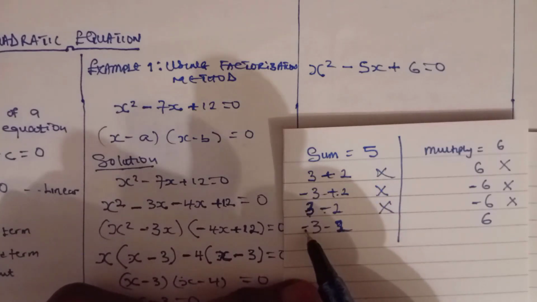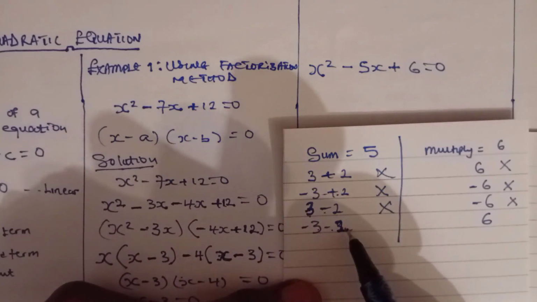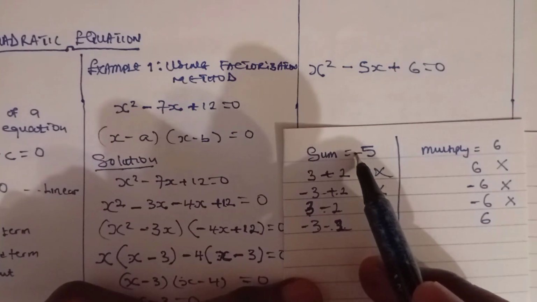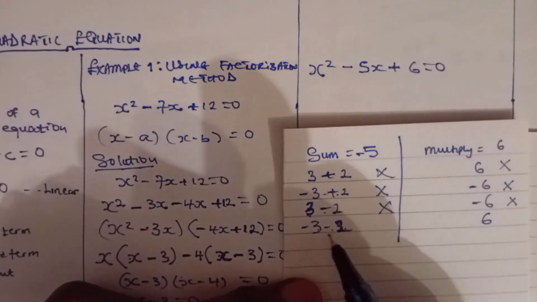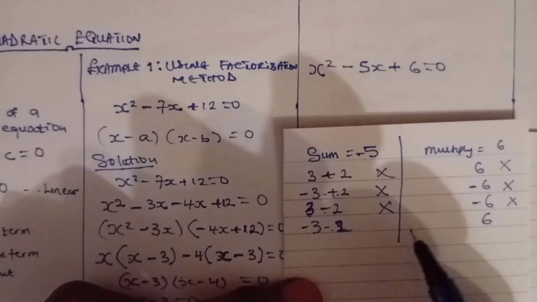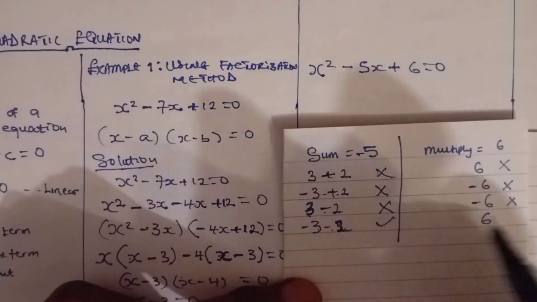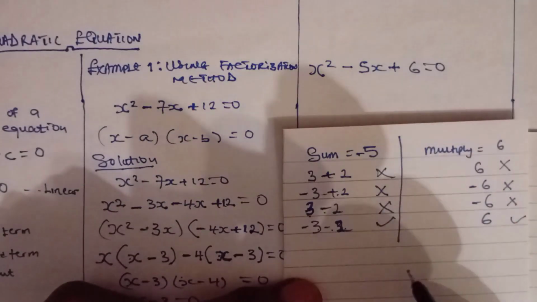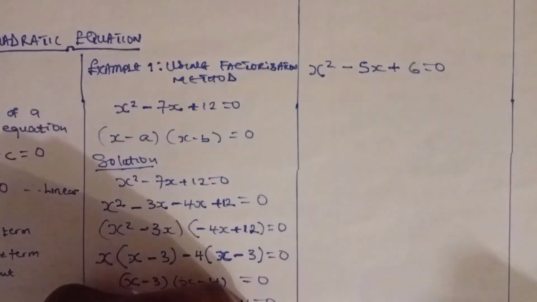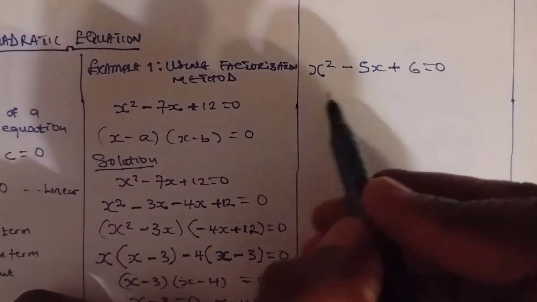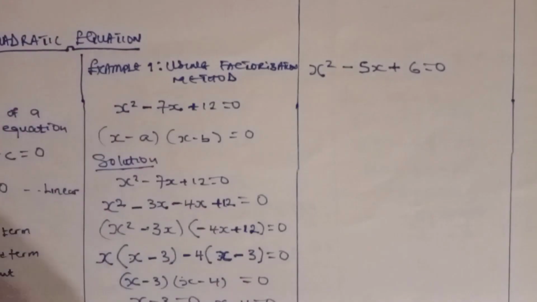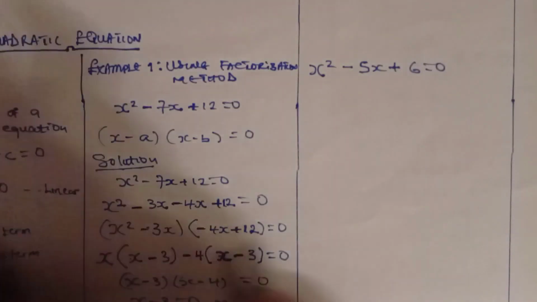And we have minus 3 minus 2. We're going to give you minus 5, and minus 3 times minus 2 is going to give you 6. So this is the one we are going to use. So we are going to substitute minus 3 and minus 2 for the 5 in the equation.